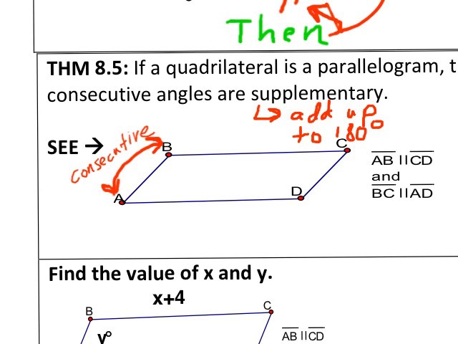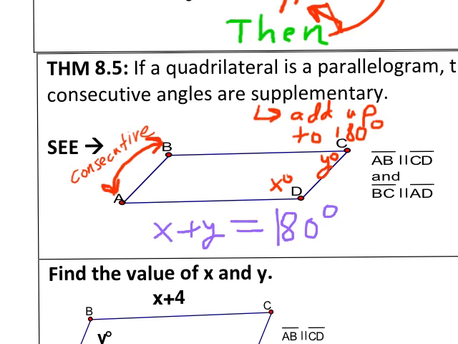In this parallelogram, if I call angle D x degrees and angle C y degrees, then, using a different color, purple, I know that x plus y, because they're consecutive, right next to each other, add up to 180 degrees. They're supplementary, and that's all it says.